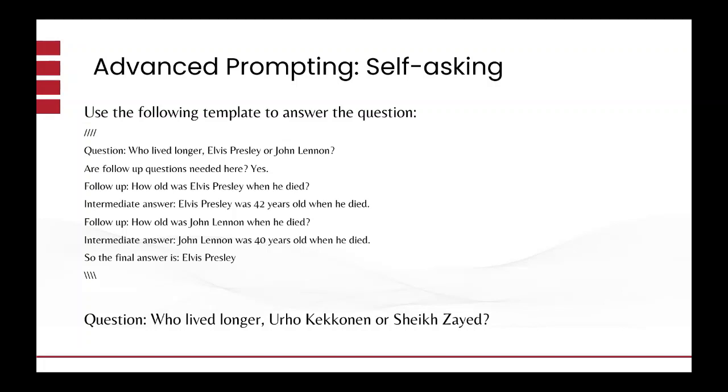So how old was Elvis Presley when he died? And then we get the intermediate answer. And we need another question: how old was John Lennon when he died? And once again, an intermediate answer. So we get the final answer from these two. Okay. And similarly, I will now ask who lived longer, Urho Kekkonen or Sheikh Zayed?